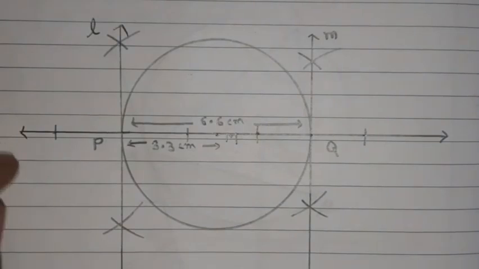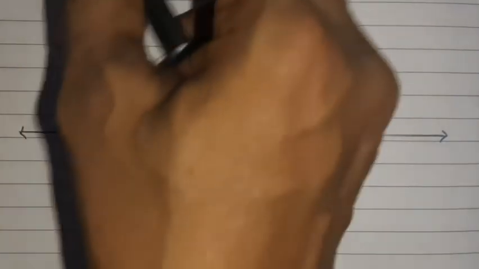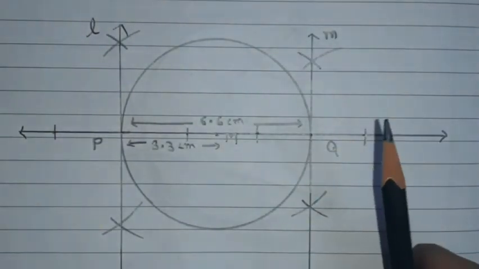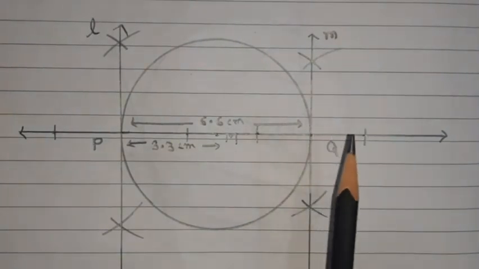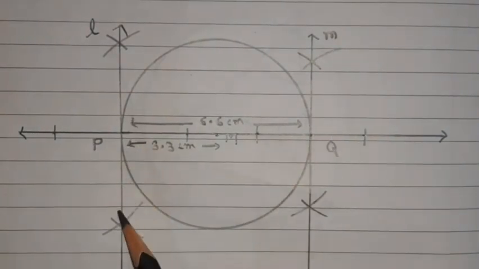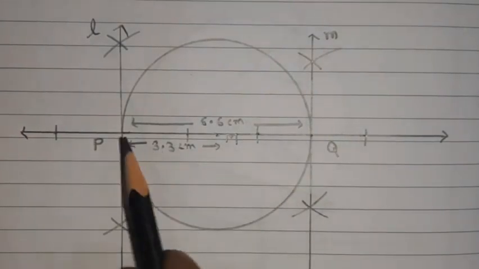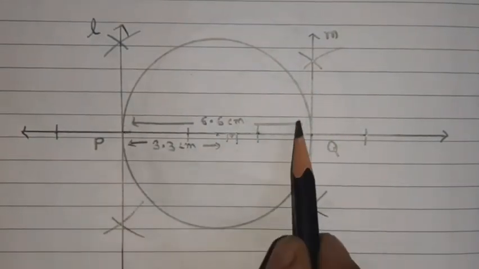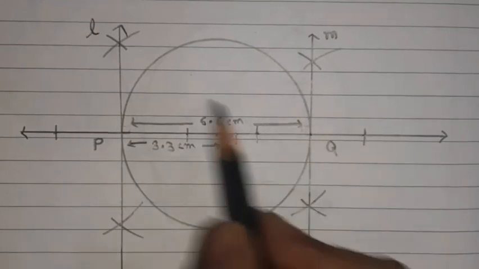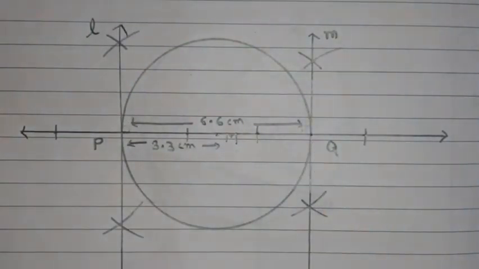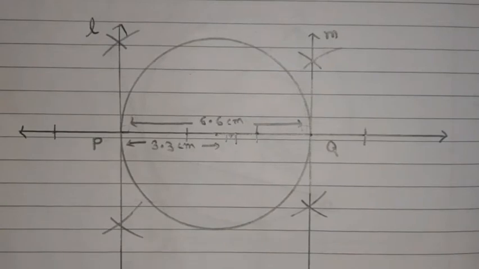Therefore, see dear student, we have to write the observation about the tangents. Now all of you observe that this line L and this line M are parallel with each other. If we observe here, this angle is 90 degree. We say that line L and line M are parallel with each other.